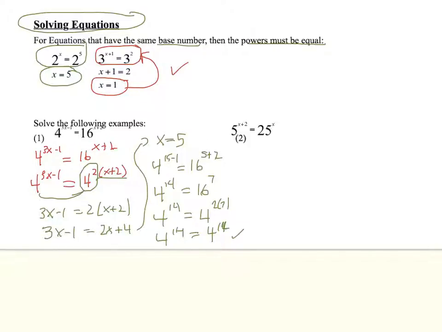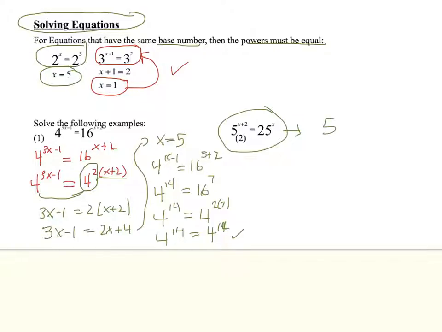So now we're going to look at a new problem. Right, here's our second problem, and again the bases are not equal, but we can rewrite 25 as 5 squared, so we'll do that.